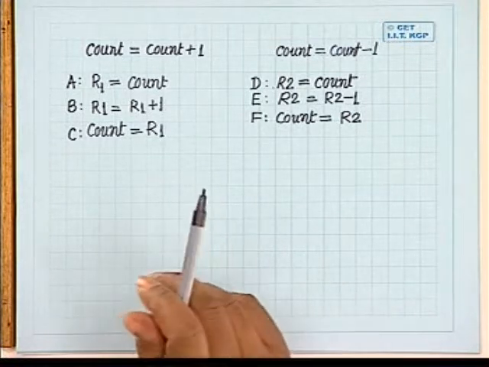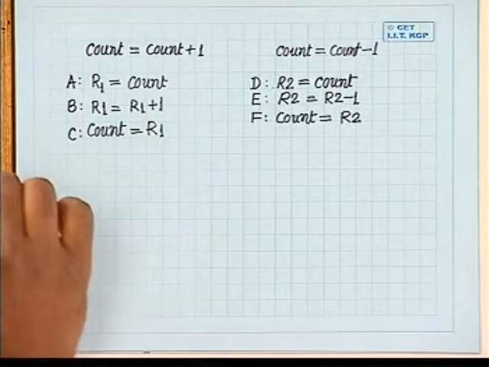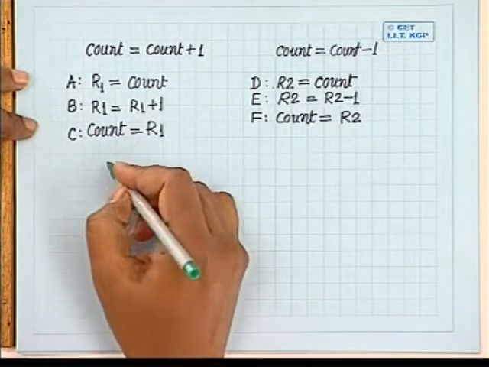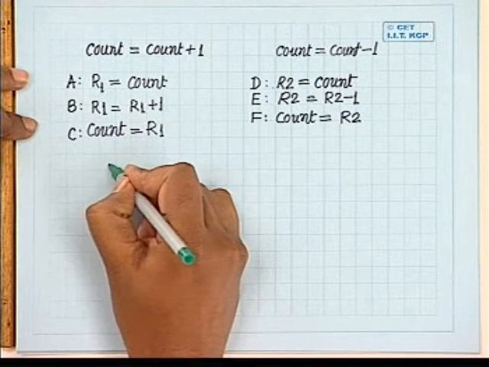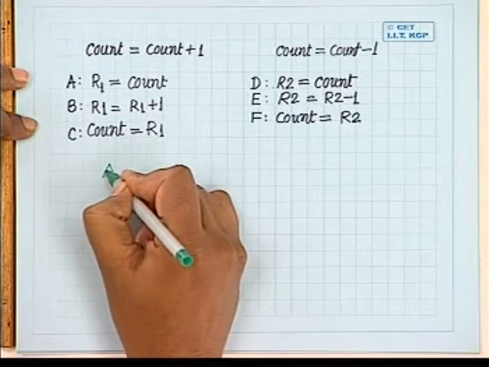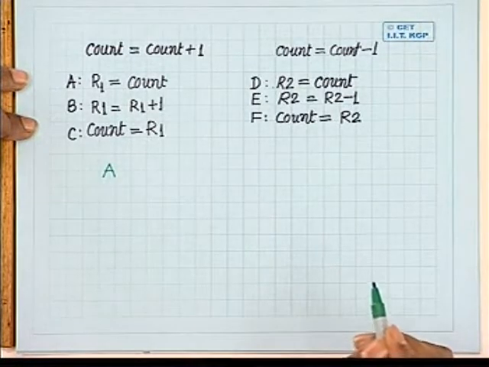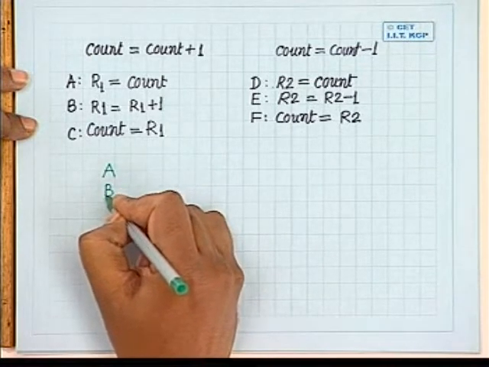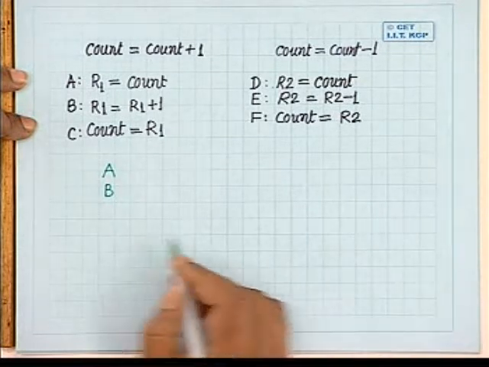So I can have an execution sequence like this. Firstly, statement A from the producer process is executed, then statement B also from the producer process is executed.